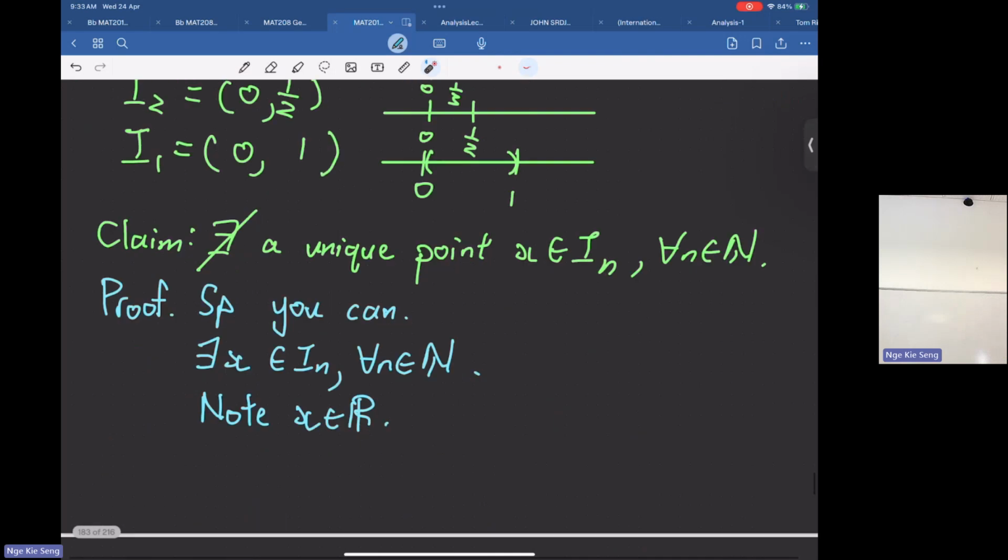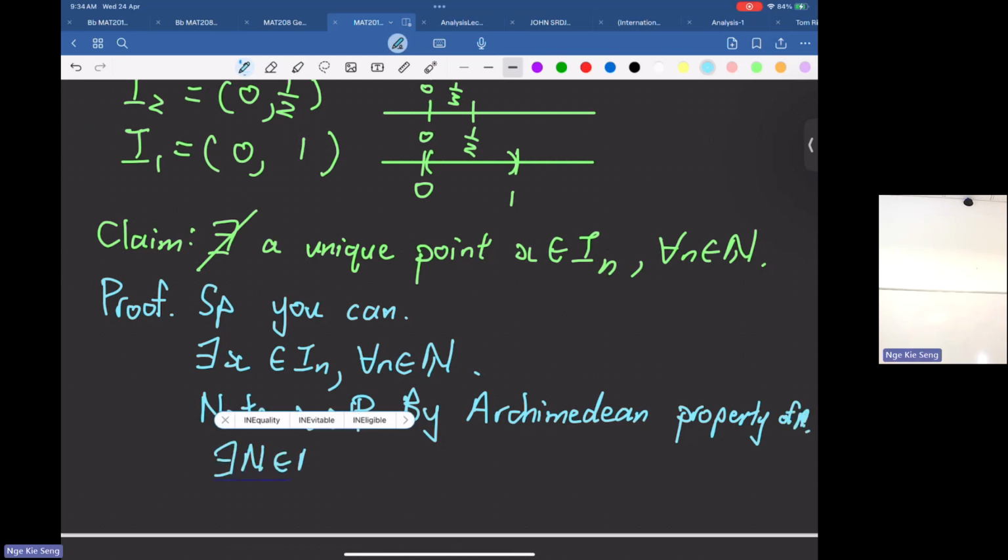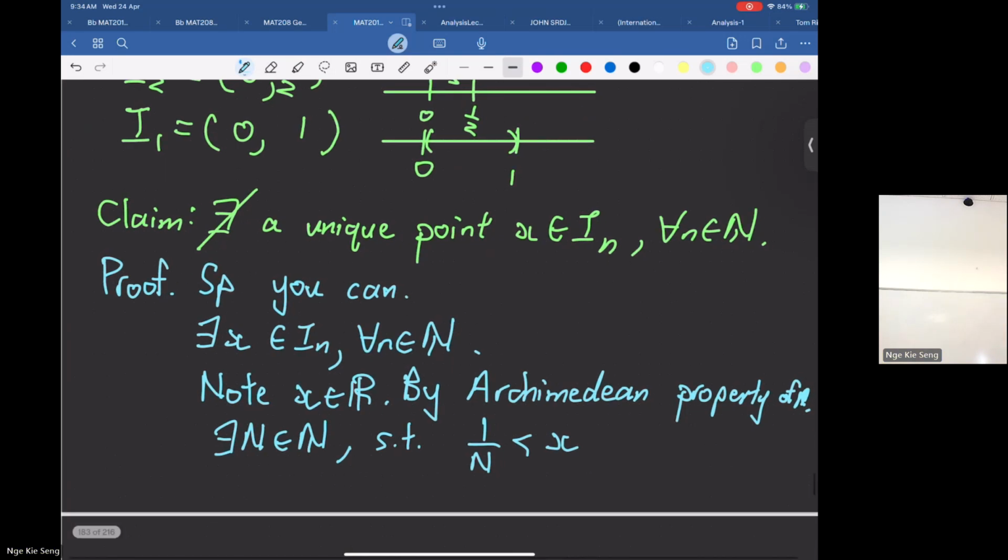Actually, it's a result of the Archimedean property. So by the Archimedean property of R, there exists a capital N in N such that 1 over N is less than x. So x is not in the interval from 0 to 1 over N. Contradiction.